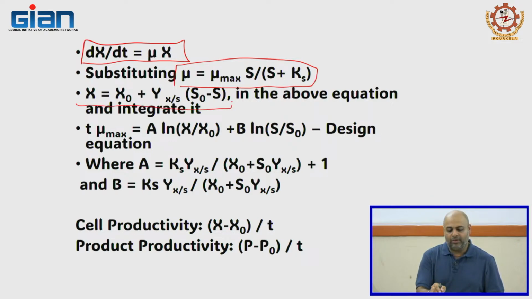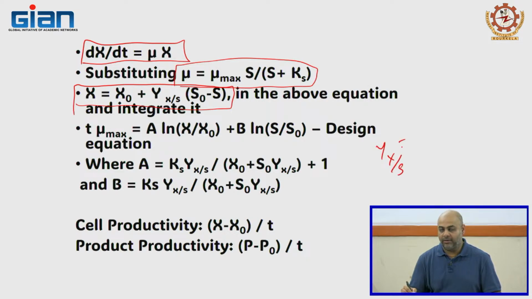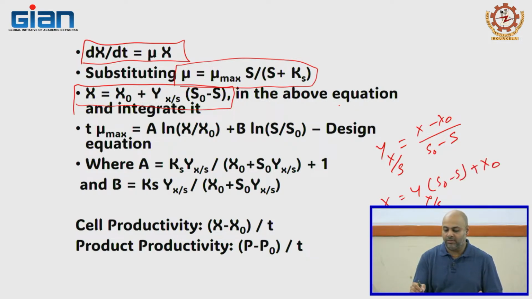You remember this equation? Yx/S is (x minus x naught) divided by (S naught minus S). So, x can be written as Yx/S times (S naught minus S) plus x naught. So, that is your equation. Clear?